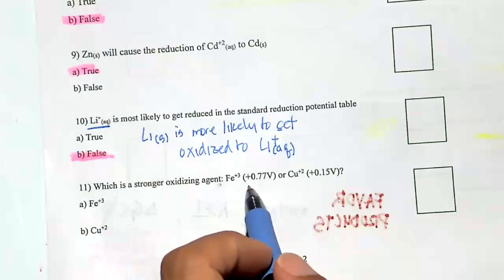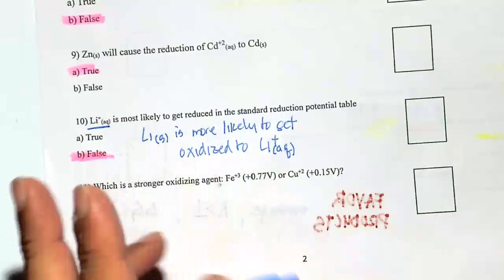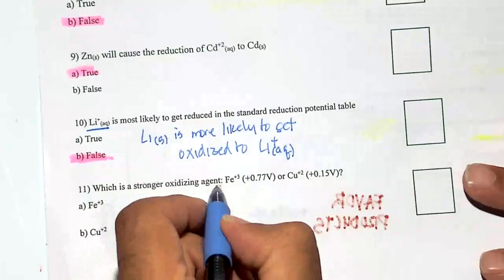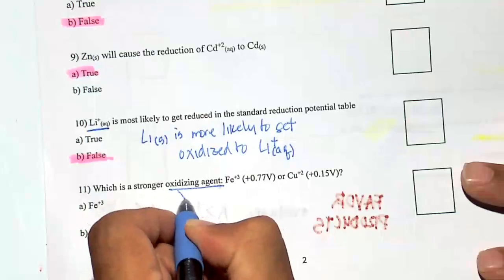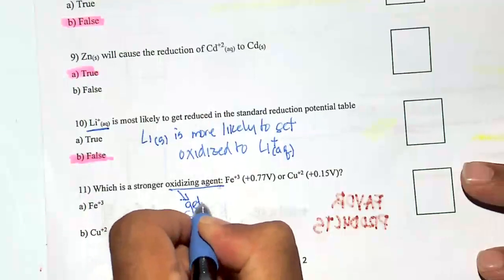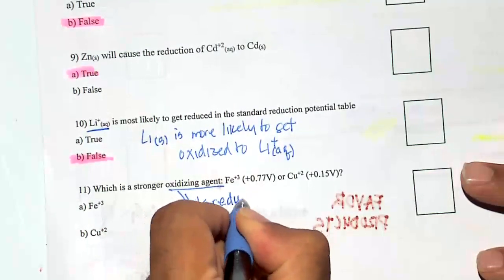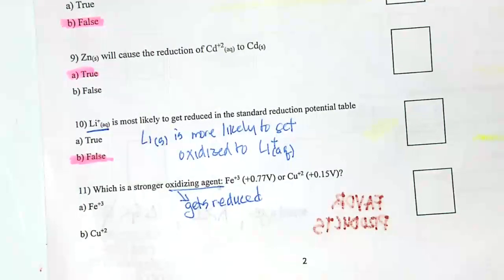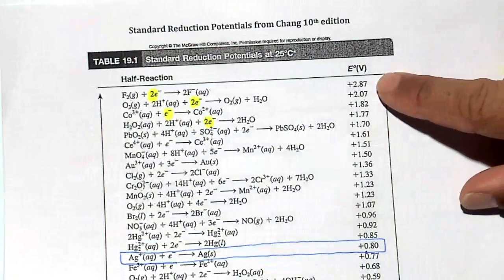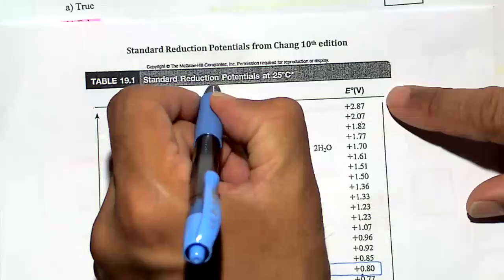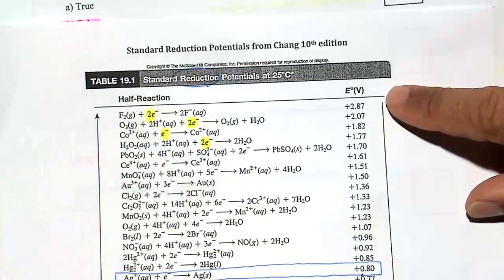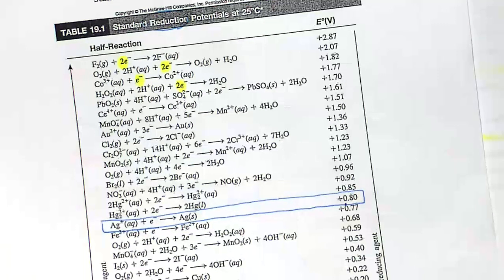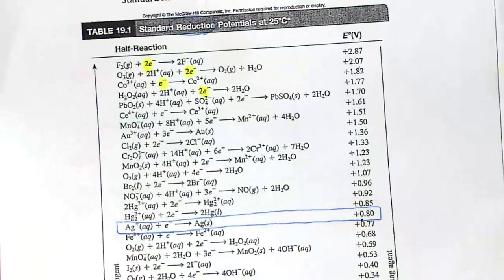Which is a stronger oxidizing agent, Fe plus 3 at 0.77 volts or copper plus 2 at positive 0.15 volts? The thing you need to remember is that the oxidizing agent is the one that gets reduced. And what do we know about things that get reduced? All of these are reduction, and the more positive it is, the more likely it's favoring the product side.